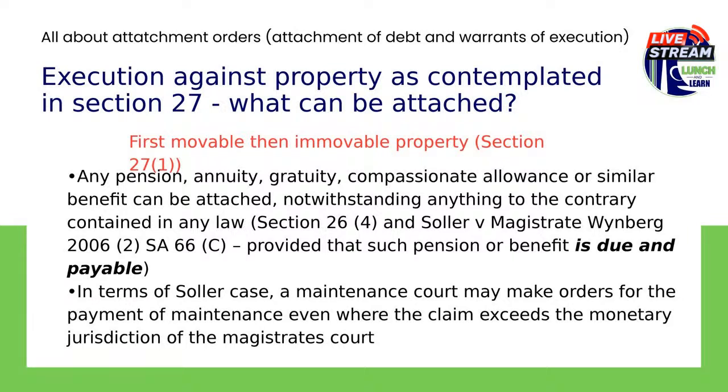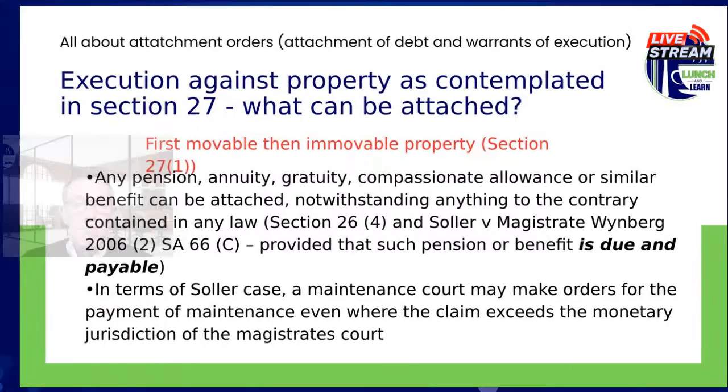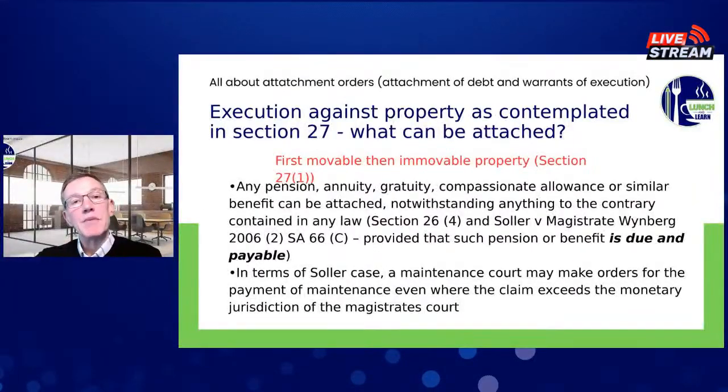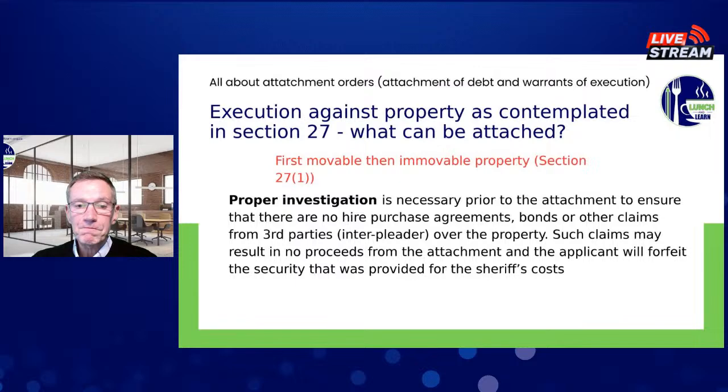So if the person has an annuity or a pension fund which is more than the amount usually claimed in the magistrate court, the maintenance court would have extra jurisdiction to hear that matter. Regardless of the amounts, even if they owe R1 million, where one should usually use the High Court for these types of proceedings, the magistrate or the maintenance court would have jurisdiction to hear that matter.